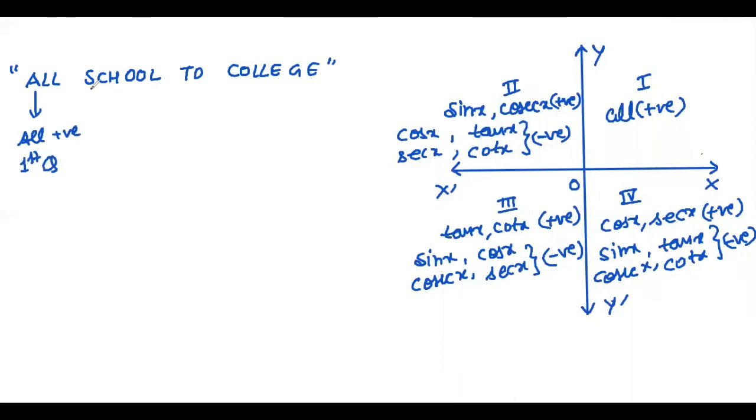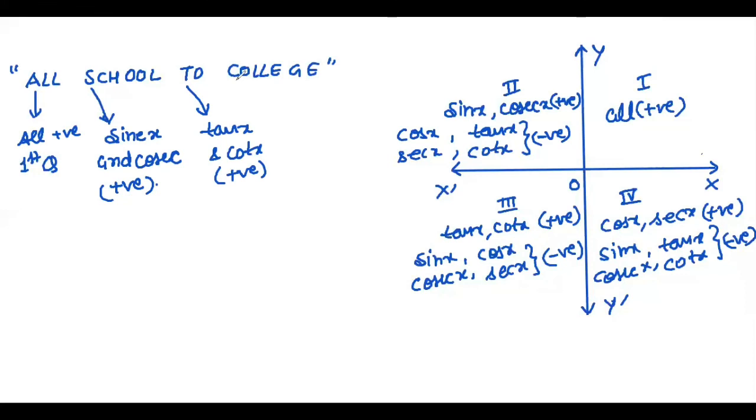Now next, the second word is school, starting with S. So S indicates sin and its reciprocal positive, means sin and cosec positive, and rest negative. Third, that is T. By T we can use tan and its reciprocal positive, tan and cot.